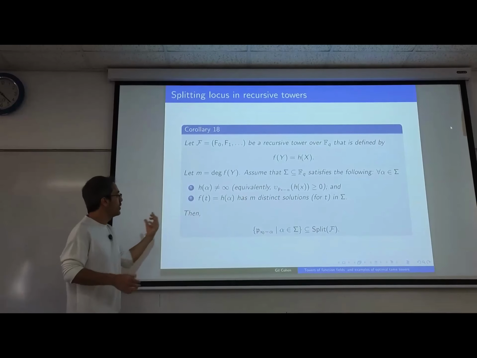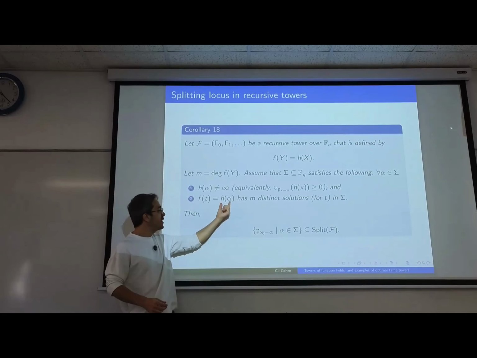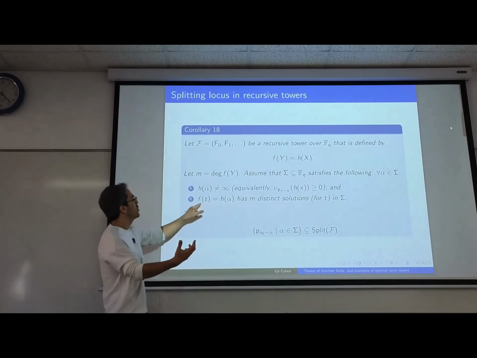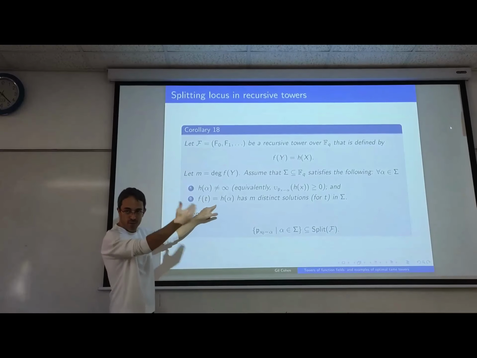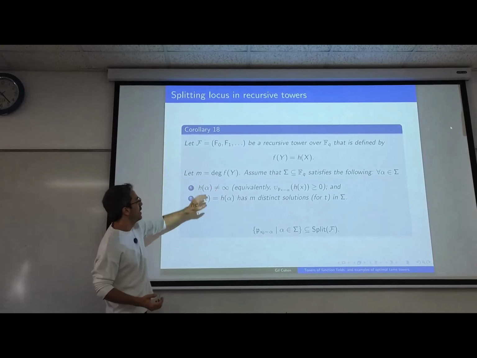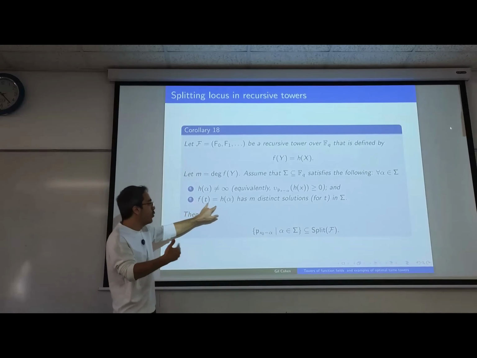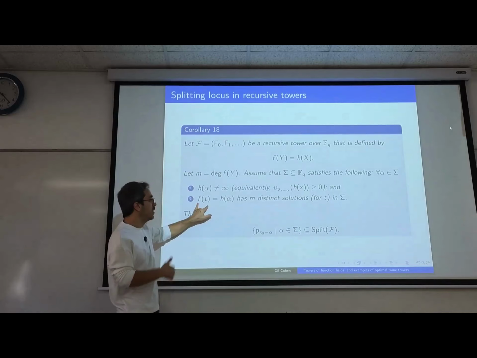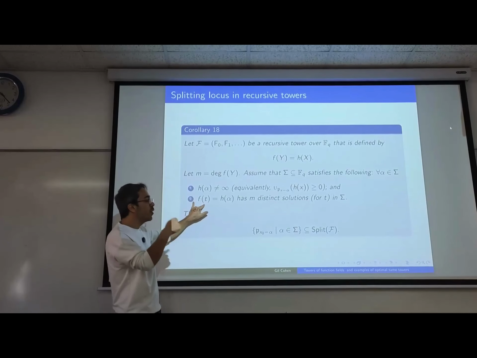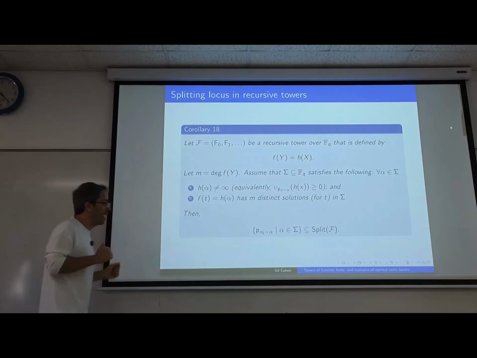But what's most important, that's just a sanity check, is once you plug alpha into h, you get a fixed element in Fq. And now you want to solve for t the equation f of t equals h of alpha. f has degree m, whatever degree we denoted, but some degree. So it has m roots in some algebraic closure, not necessarily distinct, but if it has m distinct solutions, all of them not only in Fq, but actually in sigma, then you're happy.